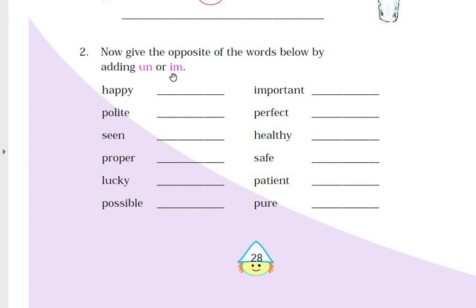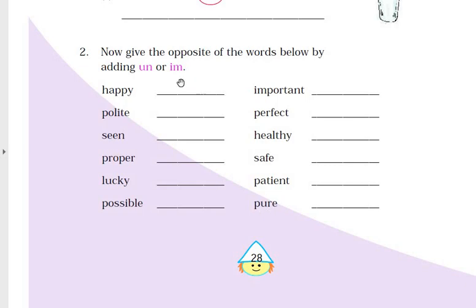Okay, so like in the word proper we use improper, then possible, impossible, then perfect, imperfect, patient, impatient, pure. It is not called pure, it is pure. R is silent here.